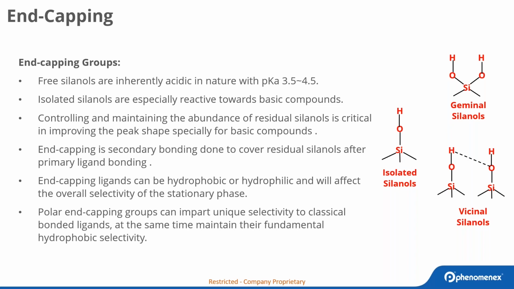A common one is TMS or trimethylsilane. That's the most common. They will affect the overall selectivity of a stationary phase. So a polar end-capped group can impart a unique selectivity to classically bonded C18 ligands, and at the same time, they can maintain their fundamental hydrophobic selectivity.